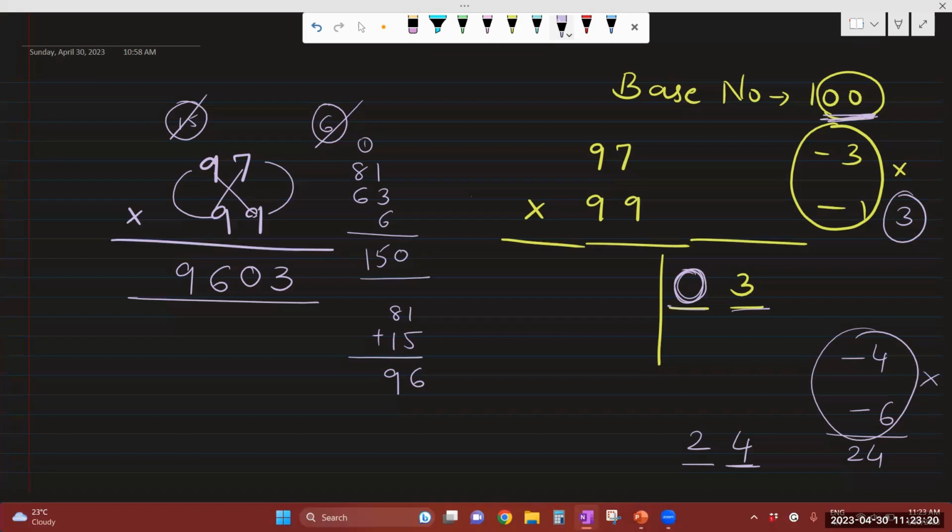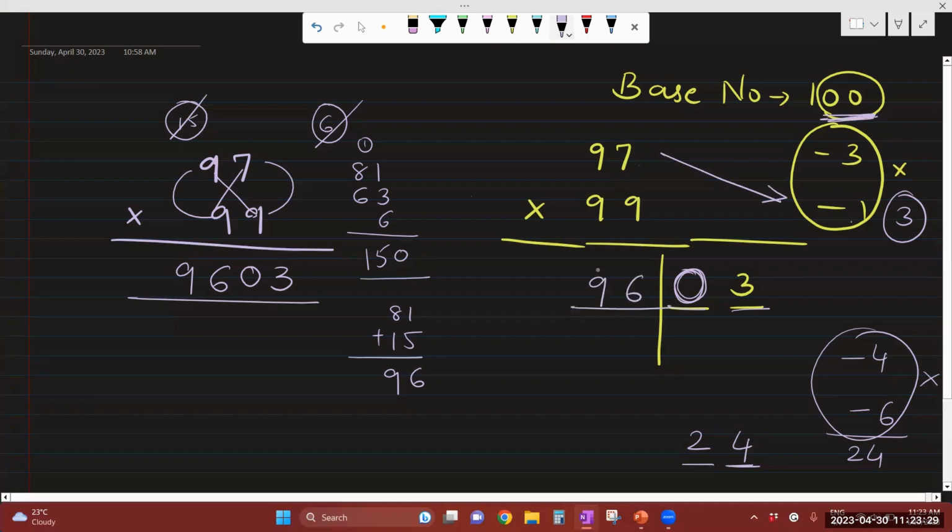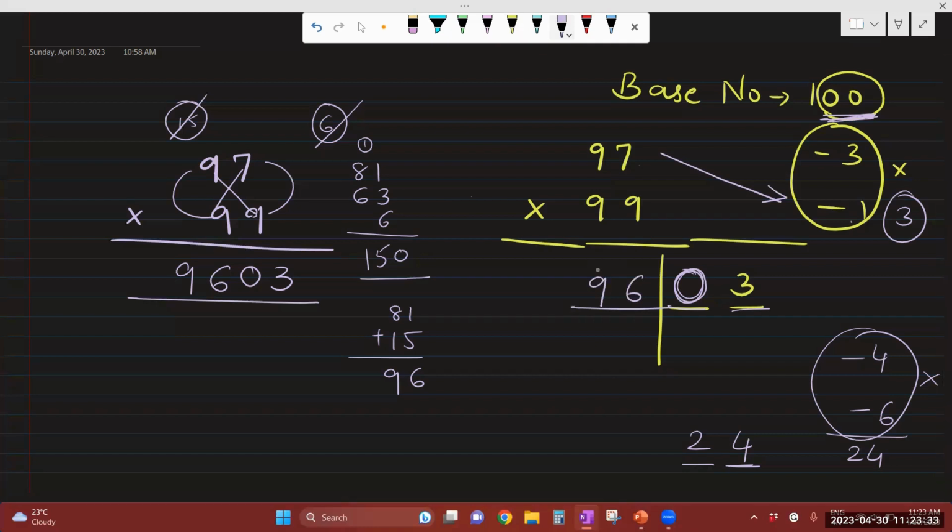And the last step, move in the crosswise direction: 97 - 1, that is 96. Is this clear to everyone? You observe the answer is the same. But in the earlier method you had to put in a little effort for this step, whereas here I did not take any extra calculation; 3 into 1 is simple, even mentally you can multiply.